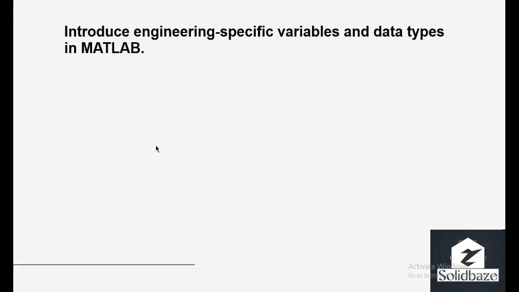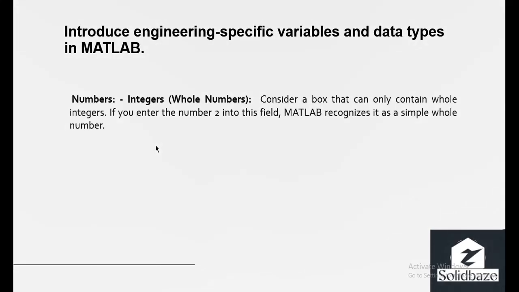So we have numbers, or integers, or whole numbers, as a data type. Consider a box that can only contain a whole integer. We know what an integer is: 1, 2, 3, 4, and so on. So if you enter the number 2 into this field, Matlab recognizes it as a whole number.